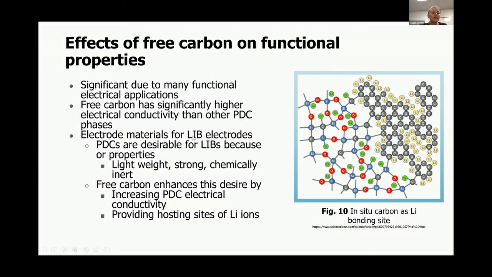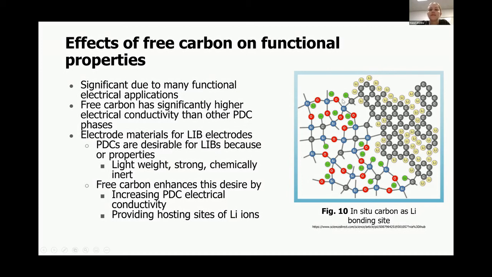And PDCs are already desirable for use as electrode materials for lithium-ion batteries because of some of their favorable properties, like being lightweight and strong. And then free carbon is going to enhance this desire because, again, it's going to increase the electrical conductivity of the PDC, and it also provides really great hosting sites for lithium ions for the lithiation and delithiation during the cell's process.